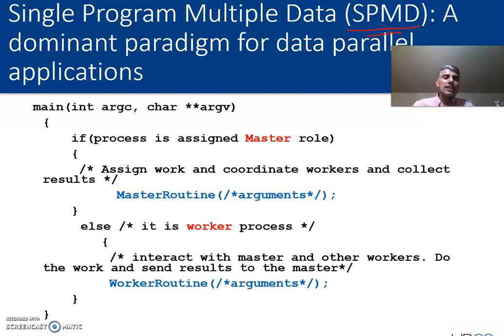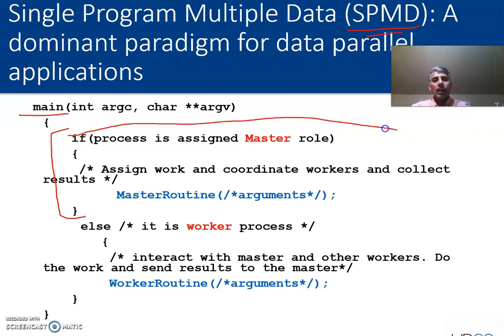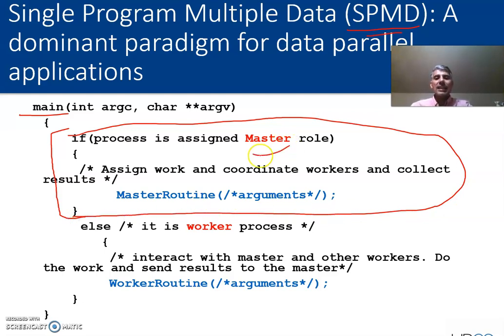As you can see, we have a main function here. Then we have a part of code that is written like this. That is the master part of your program.